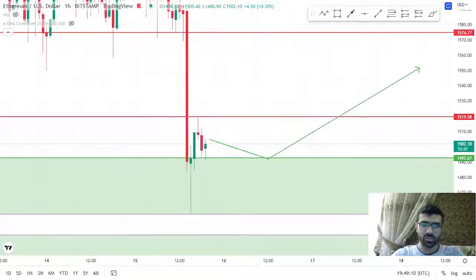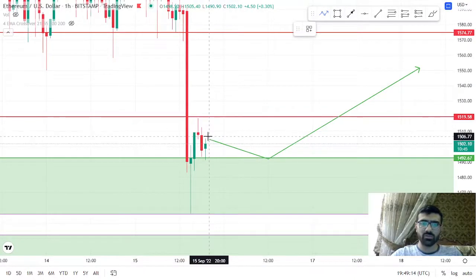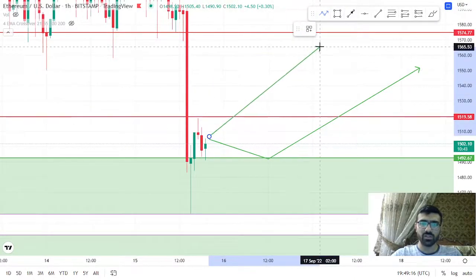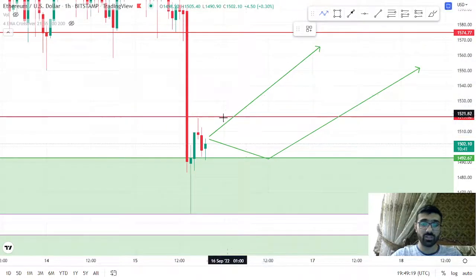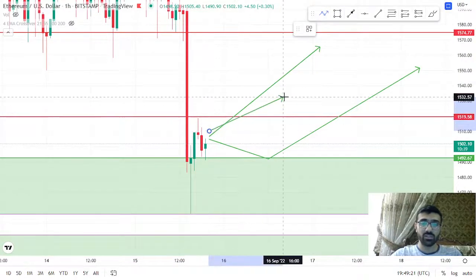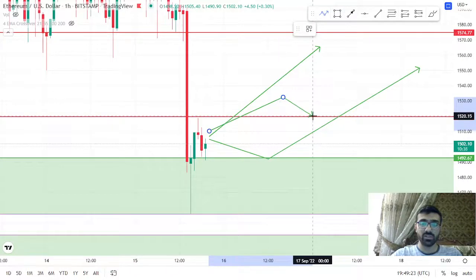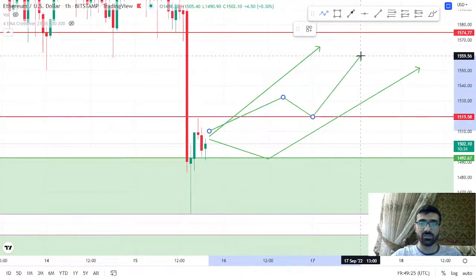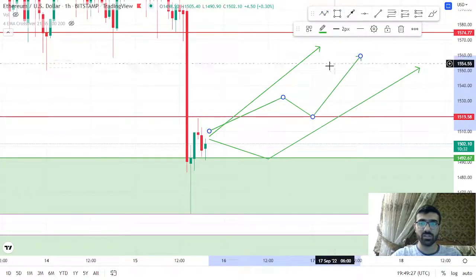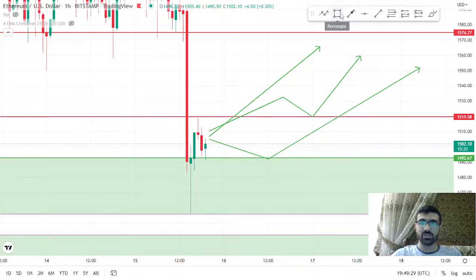And if market closes above this area of resistance, we are going to go long straight away if we are a risky buyer. And thirdly, if market closes above this area of resistance and then market retests this area of resistance, we will go long after that.